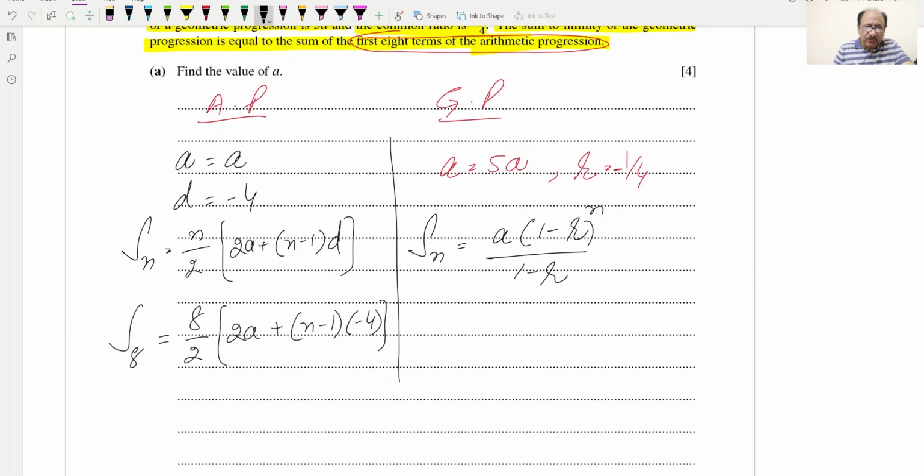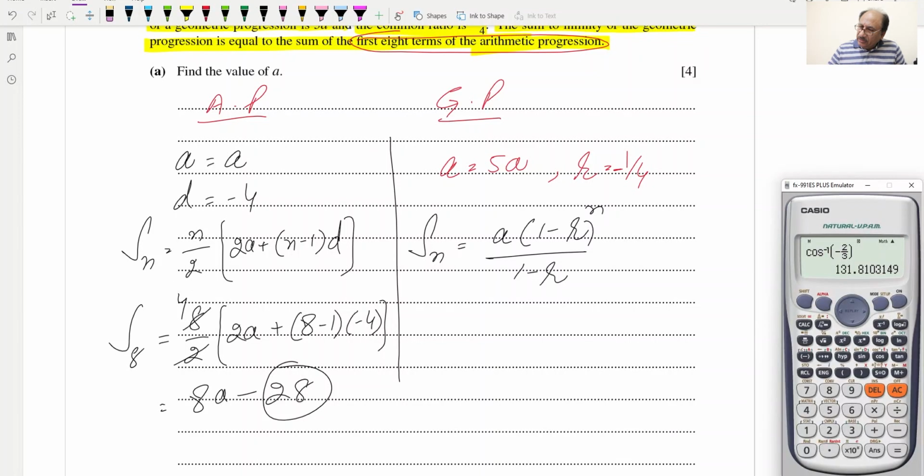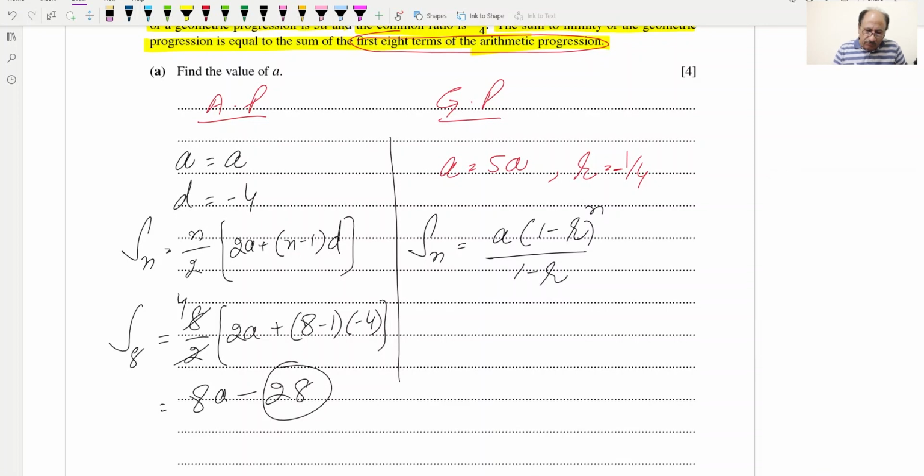This will be 4 into 2, which is 8a, plus n replaced by 8, so 8 minus 1 is 7, 7 into 4 is minus 28, and minus 28 multiplied by this 4 gives minus 112.